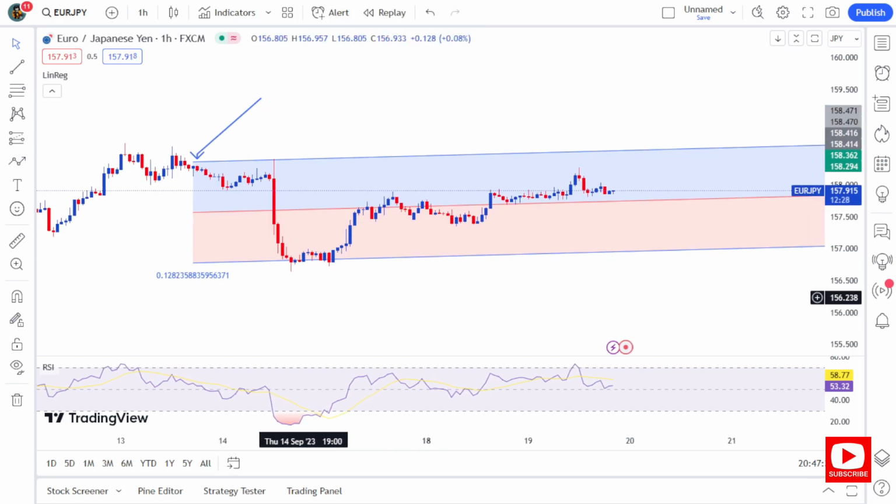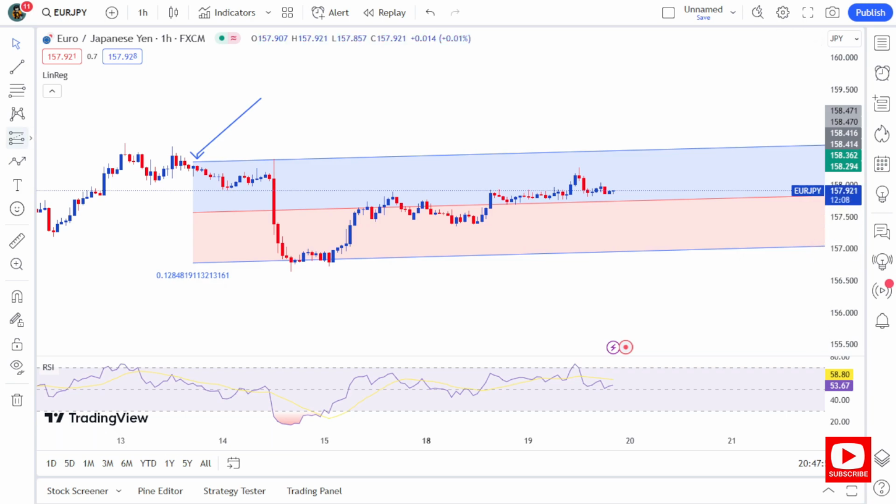So for our strategy, we have to wait for price to touch the lower channel line and the RSI to be oversold. And as you can see, the RSI is oversold while the price action, that is the candles, touched the line of the lower channel.